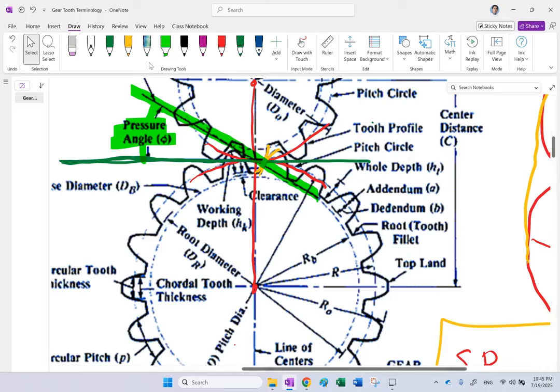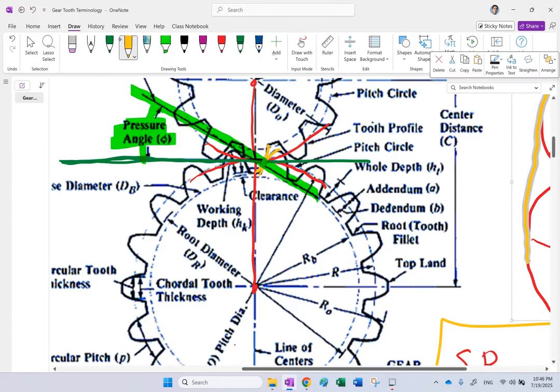You can form a triangle between two radial lines, one with RB, one with R, and the angle between them is phi, and R and RB are related by cosine of phi.